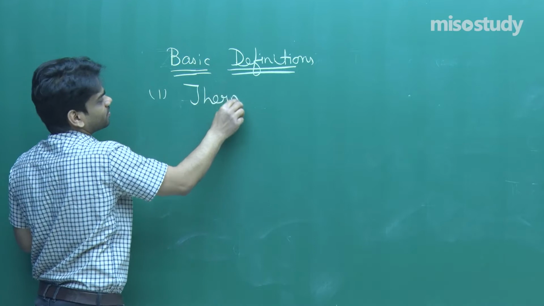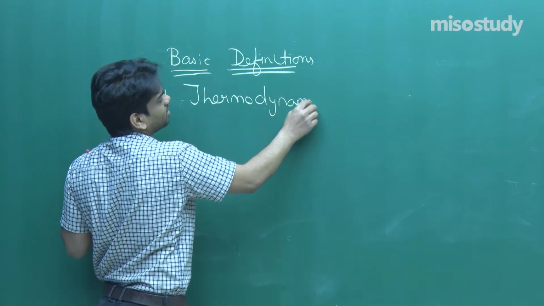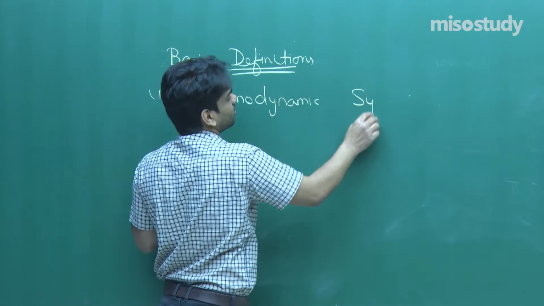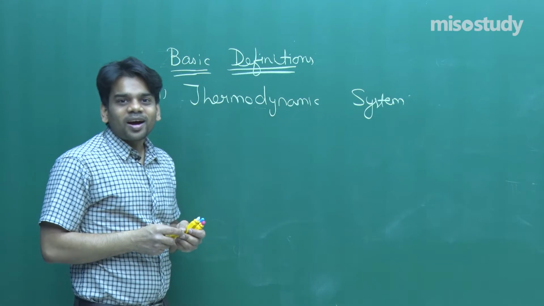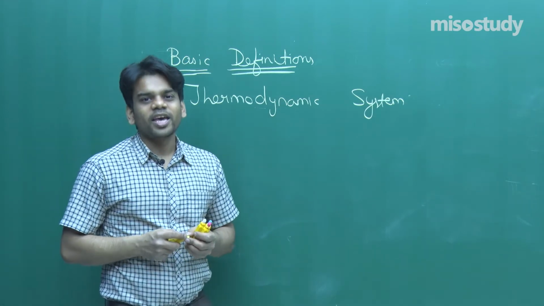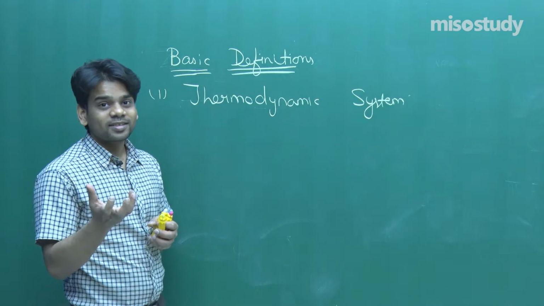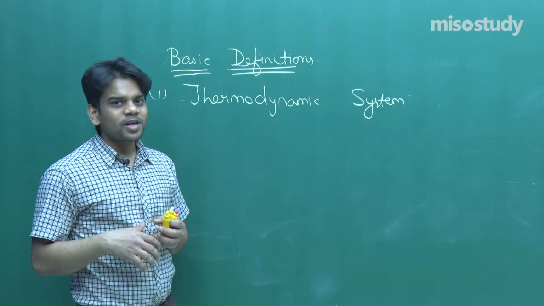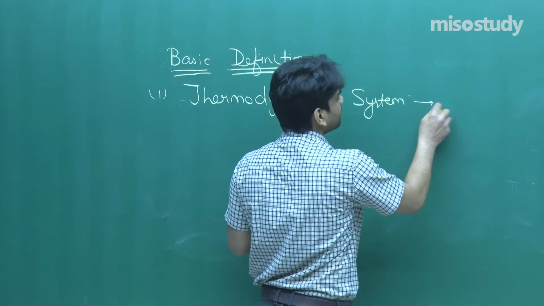thermodynamic system. First of all, we'll be regularly using this term in this chapter, thermodynamic system. Now, anything which has a volume to occupy and which has temperature, pressure and volume will be said to be a thermodynamic system.